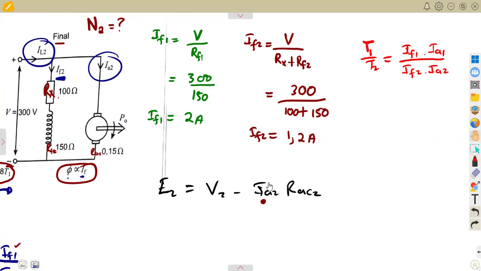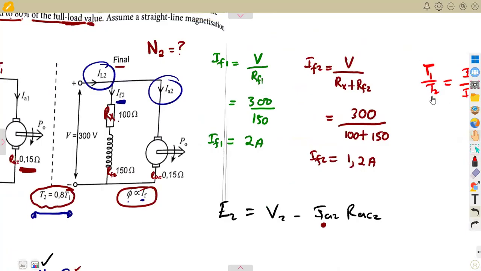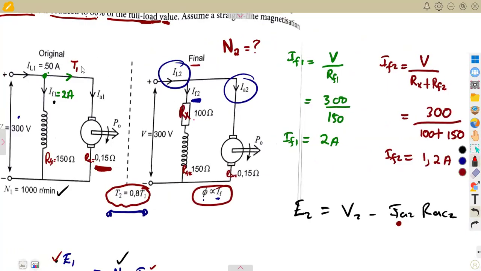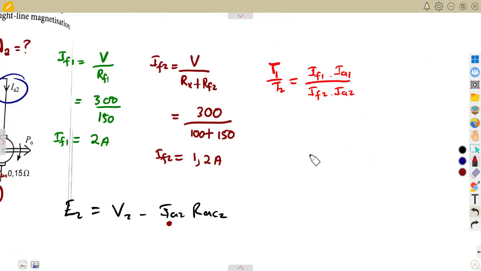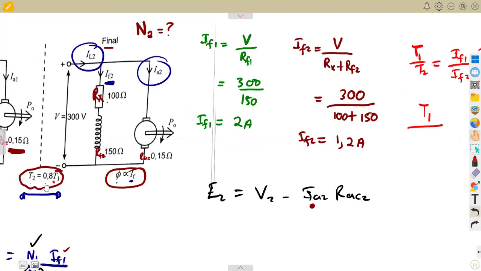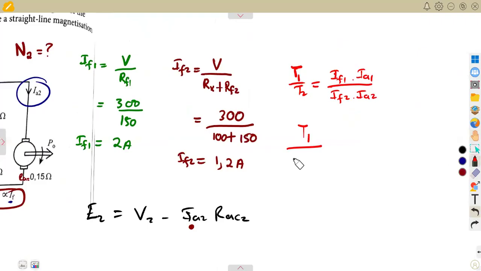So we are just going to substitute what we are given. I talked about the relationship between T1 and T2, so this one is not a problem. T1, you just write as it is, but T2, you write it in terms of T1 so that it will cancel. Remember that you're given that T2 is equal to 0,8 of T1, from the percentage reduction that you're given.